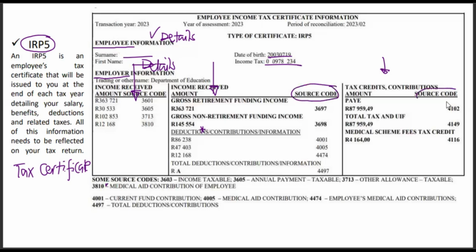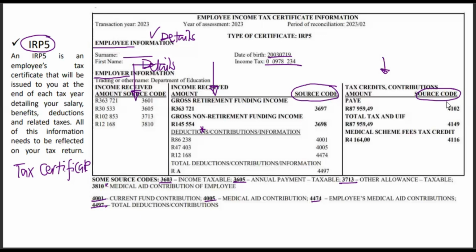These are numbers that carry some information. If you want to know the meaning, you can check under the tax certificate. For example, 4474 stands for employees' medical aid contributions, and 4497 is total deductions and contributions.